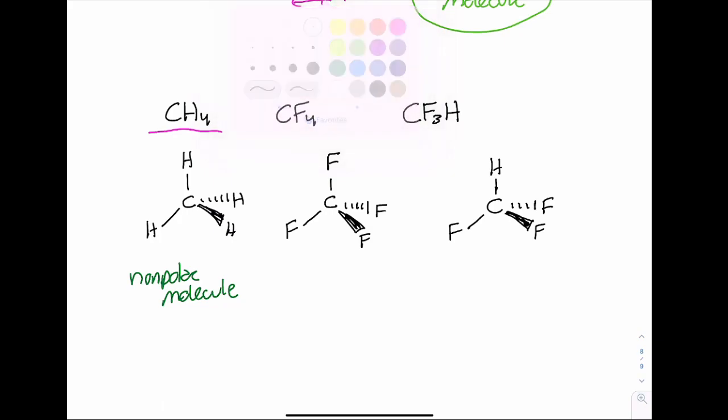Assigning bond dipoles to my carbon tetrafluoride molecule, fluorine is more electronegative than carbon. So those get the partial negatives, carbon gets the partial positive. And then my arrows.